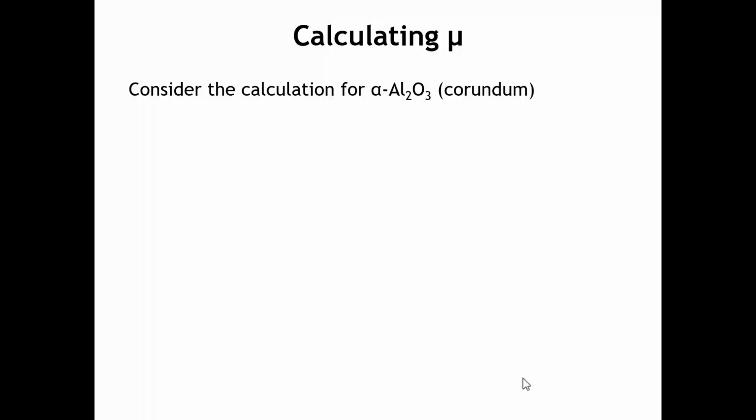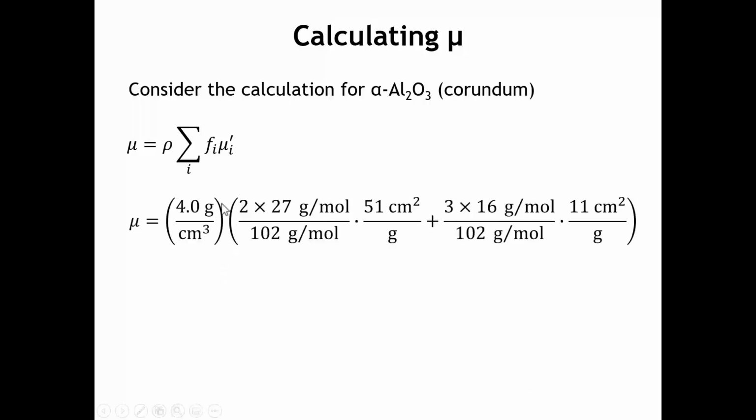So now we can take those values, come back to our equation, and plug them into the equation. We've got the density, 4 grams per centimeter cubed, and then this term right here gives us the mass fraction of aluminum in this material. We're going to multiply that by the mass absorption coefficient of aluminum for X-rays of this wavelength.